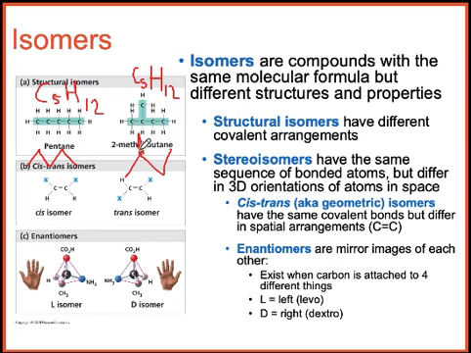Stereoisomers, okay, have the same sequence of bonded atoms. So unlike the structural isomers, they actually follow the same order. Look, you have this cis isomer and trans isomer, right? They are the same order. The only difference is in their 3D orientation. Okay? Cis isomers have, let's say, the two X's there on the same side.